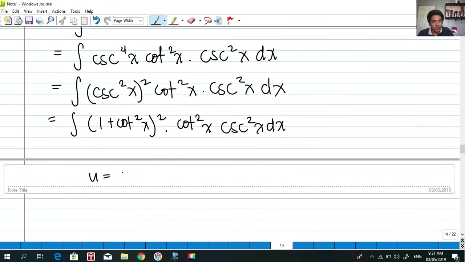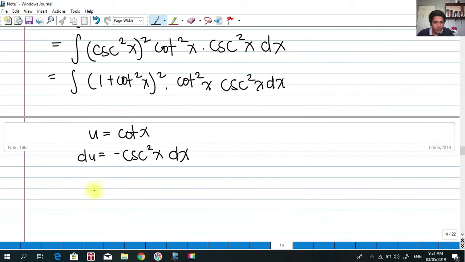We have to let u be cotangent of x to get du over dx, that is negative cosecant squared of x dx. Okay? So again, we have to offset the negative value outside of the integral. So we can perform now the u substitution.